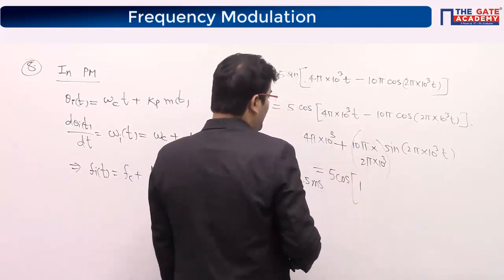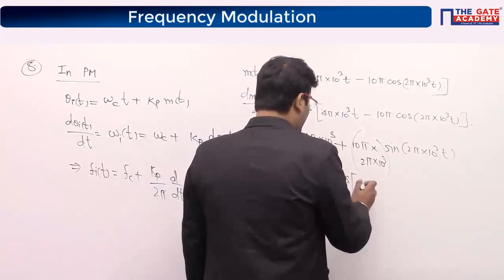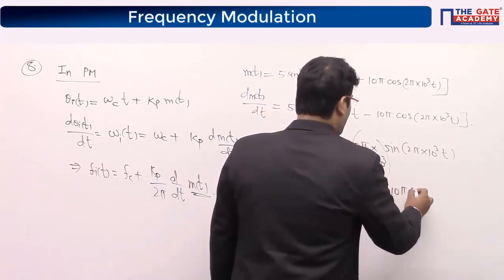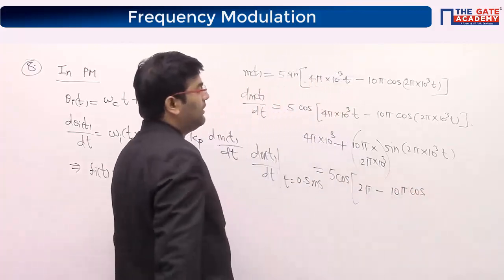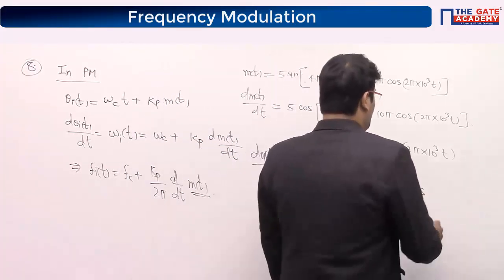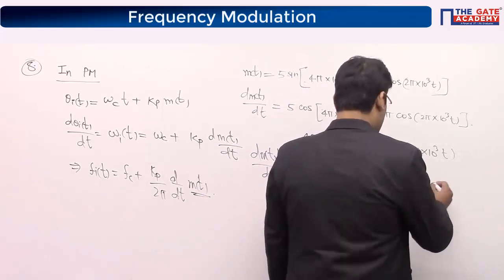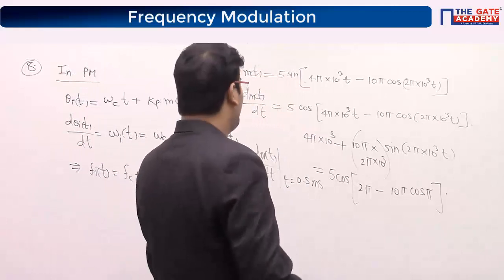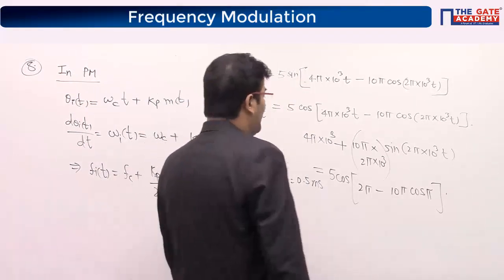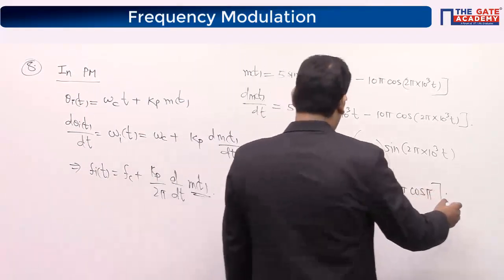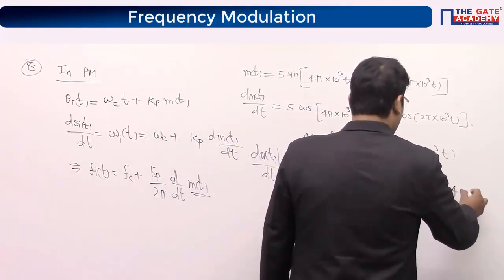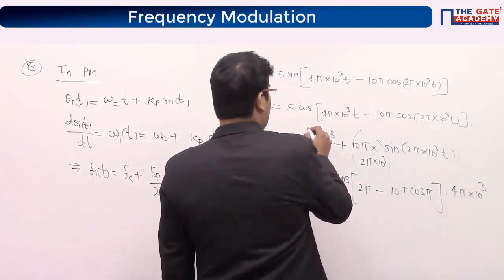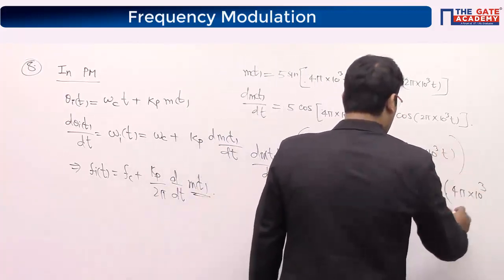So 4 pi into 0.5, so it will be 2 pi, minus 10 pi cos, and it will be 0.5 into 2, so it will be cos pi. 10^3 into 10^-3 is 1. 2 pi into 0.5 is 1 pi. I am right. Into 4 pi into 10^3.